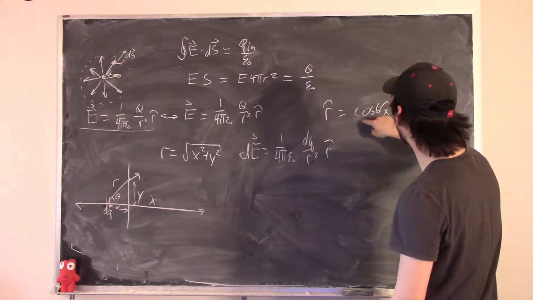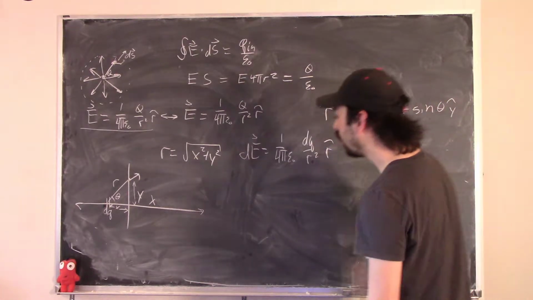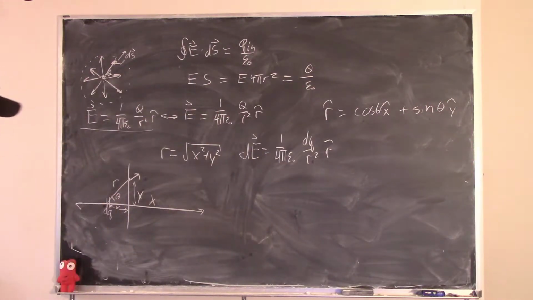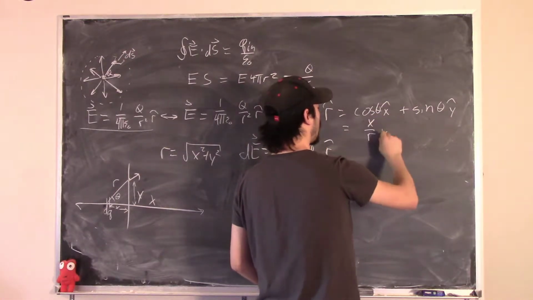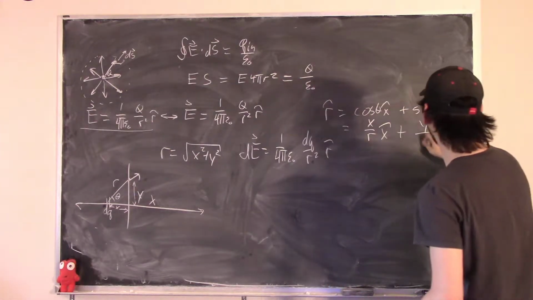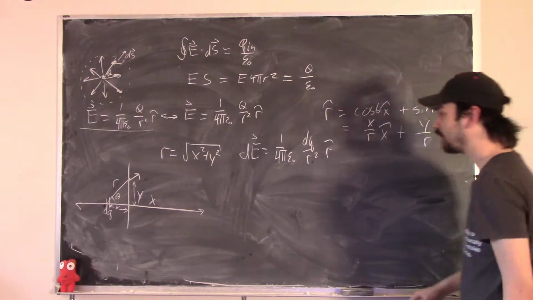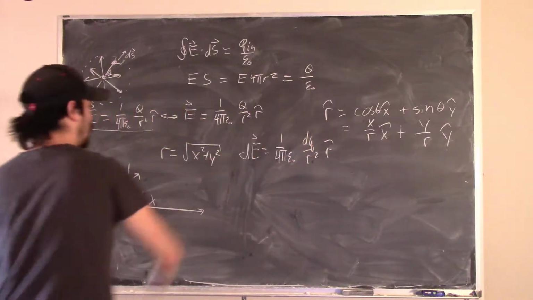And then we can replace cosine and sine with the appropriate trigonometric ratios. And so this says that r hat is equal to x divided by r times x hat plus y divided by r times y hat. The last thing we need to do is parameterize what dq is.